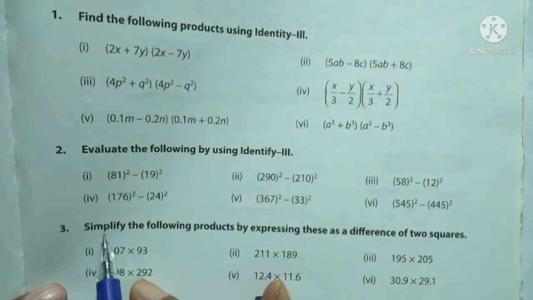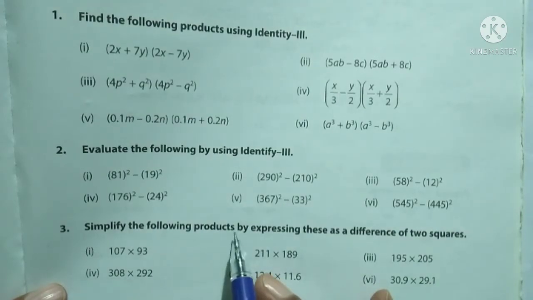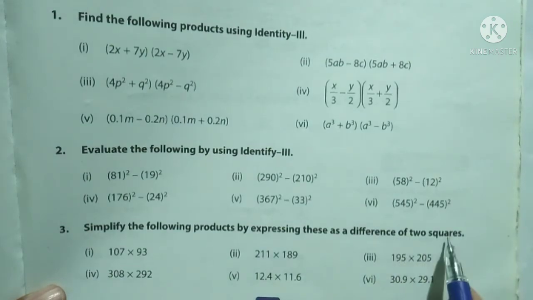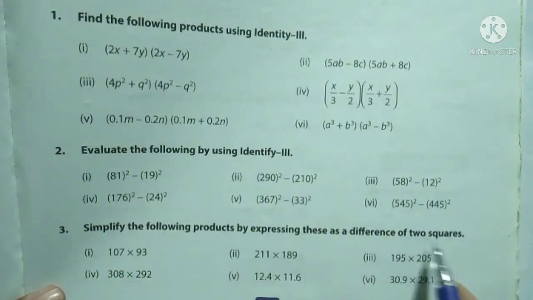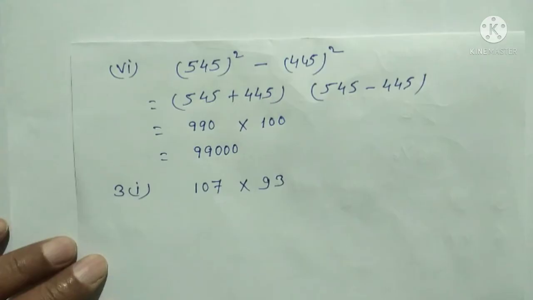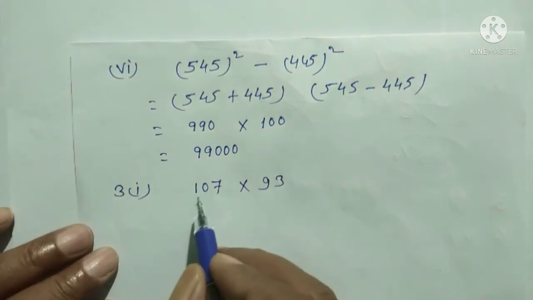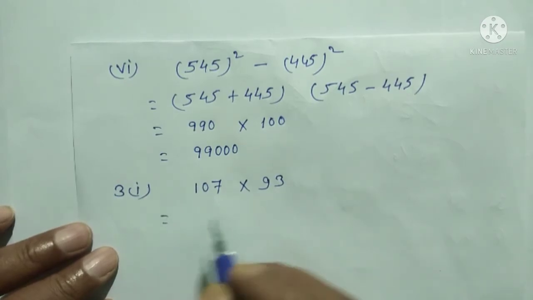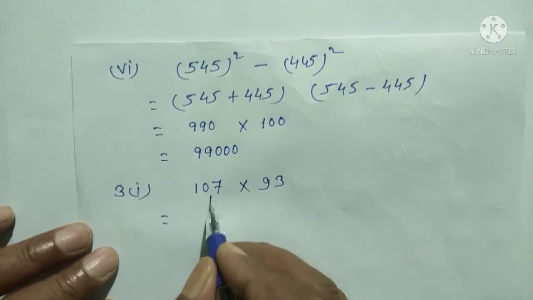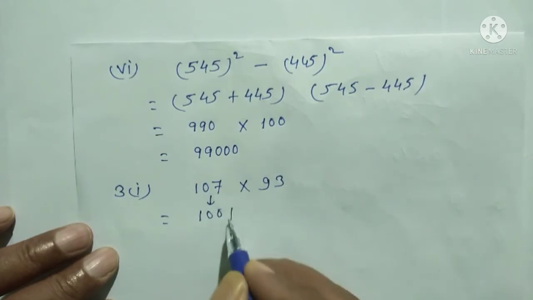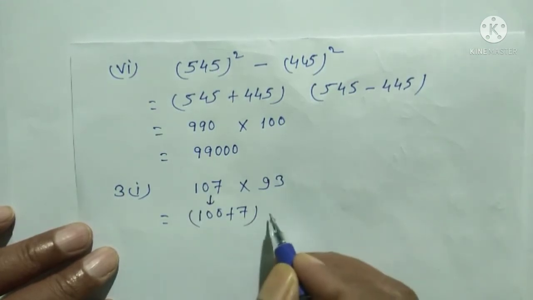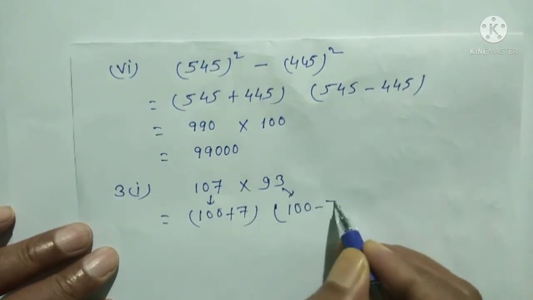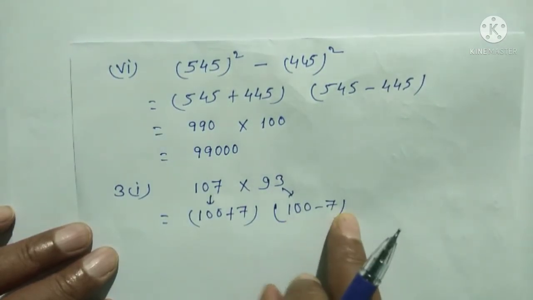Last question is: simplify the following products by expressing them as a difference of two squares. Remember, the first question is 107 into 93. You have to write it as 100 plus 7 into 100 minus 7, because 100 minus 7 is 93.